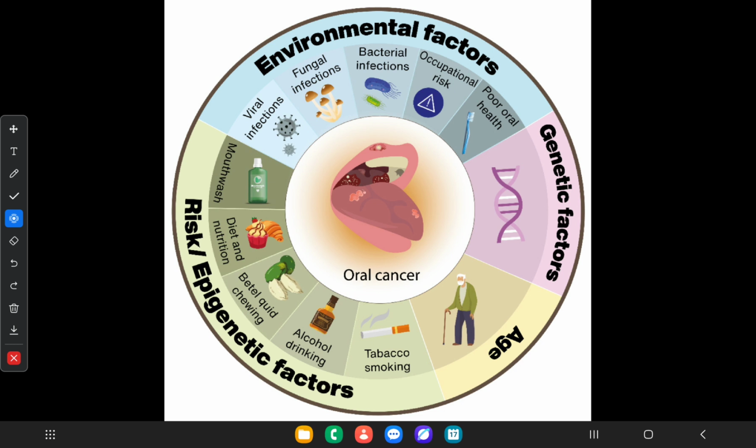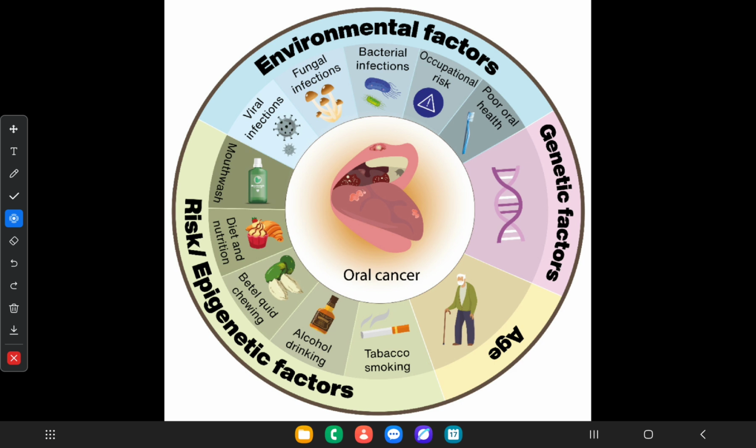When we talk about the risk factors, we can divide them broadly into four categories: environmental factors, genetic factors, age, and other factors. Environmental factors include several viruses like human papillomavirus, fungal infections, bacterial infections, occupational risk factors, as well as poor oral hygiene.